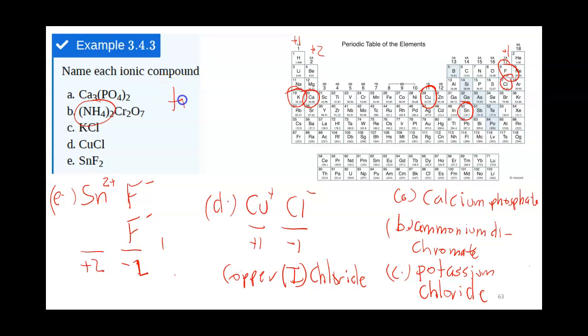So this is going to be tin, we have to specify the charge, 2 fluoride. And again, the anion is named by taking the stem name of the nonmetal and adding the letters IDE to the end.